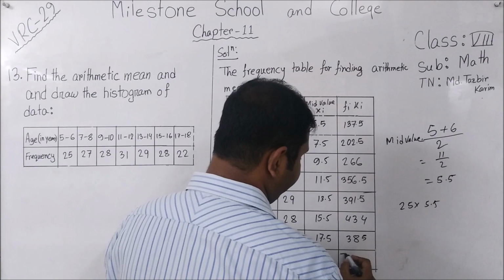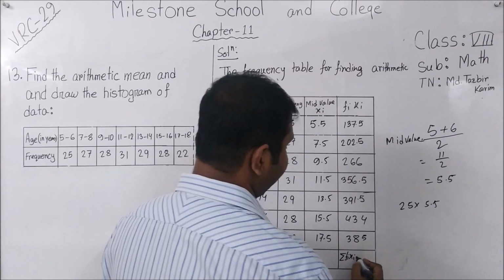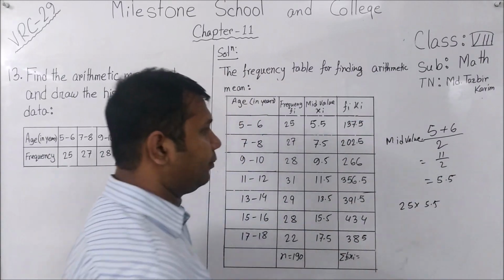So we are going to find out here the summation of fi xi. That means the sum of all those numbers. Okay.